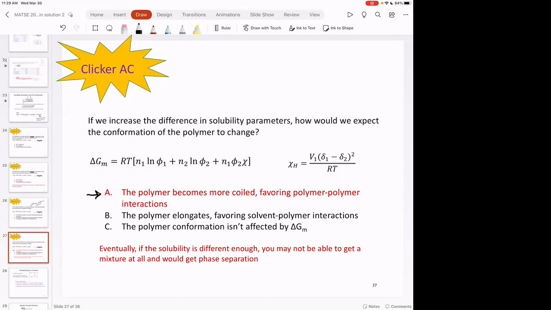And eventually, if the solubility parameter is different enough, we would get phase separation. So we get either liquid-liquid phase separation with a polymer-rich and a polymer-poor phase, or we would just get polymer precipitating out of solution and we would get some sort of milky colloid or something like that.